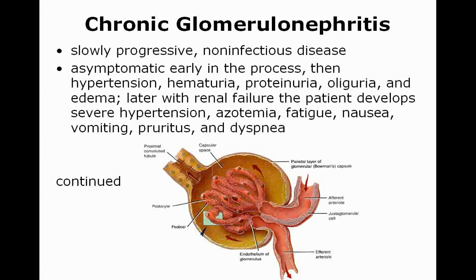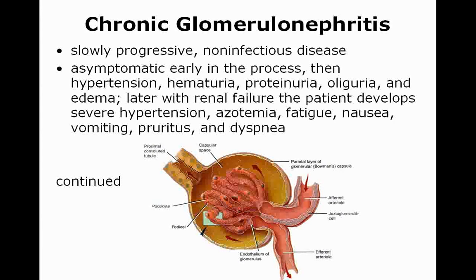The chronic glomerulonephritis is usually a non-infectious disease, where the acute glomerulonephritis may very well be infectious because of strep infection. There are a lot of different causes for the chronic glomerulonephritis. As far as triggers, the person may have some multi-system disorder like systemic lupus erythematosus.